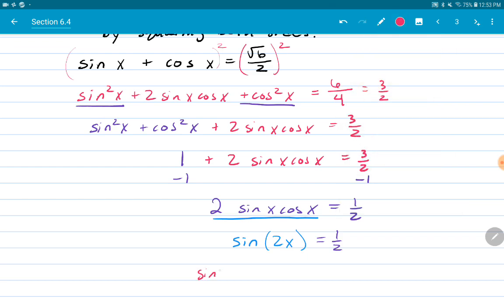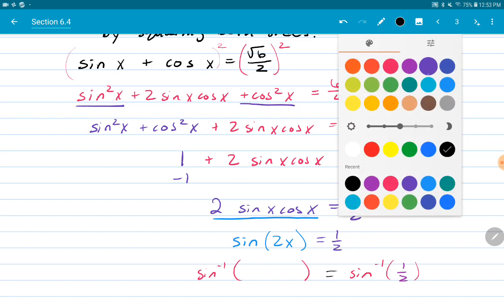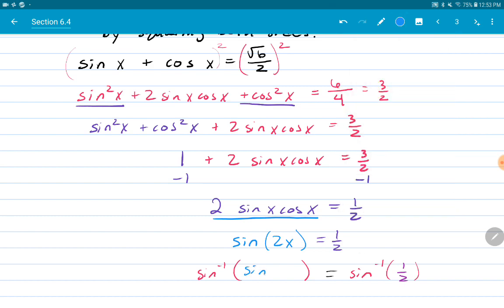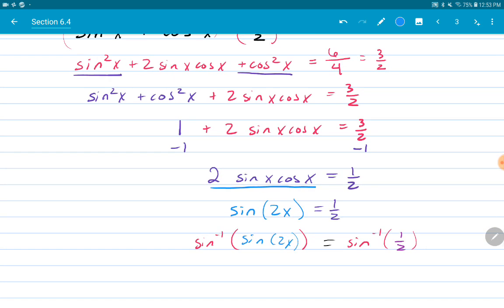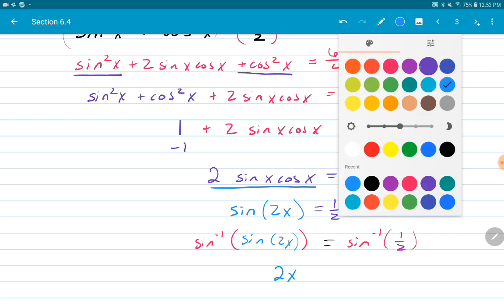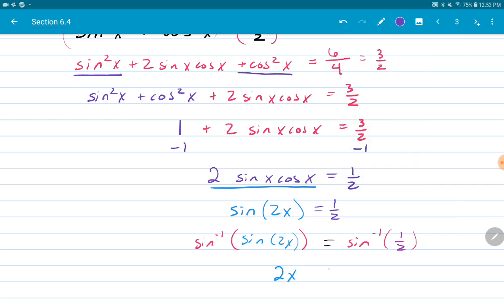So sine inverse of this blue stuff and the sine inverse of this purple stuff. The sine and sine inverse cancel each other, and I'm left with, on the left, just a 2x. And on the right, I think sine inverse of 1/2.